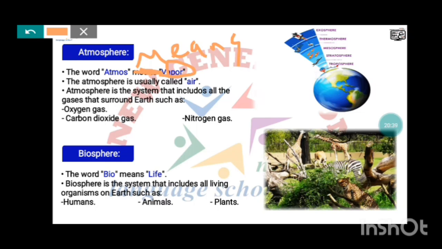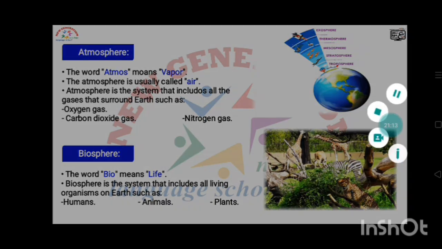Atmosphere is the system that includes all the gases that surround the earth, such as oxygen, carbon dioxide, or nitrogen gas. And now biosphere. The word bio means life. Biosphere is a system that includes all living organisms such as humans, plants, and animals.